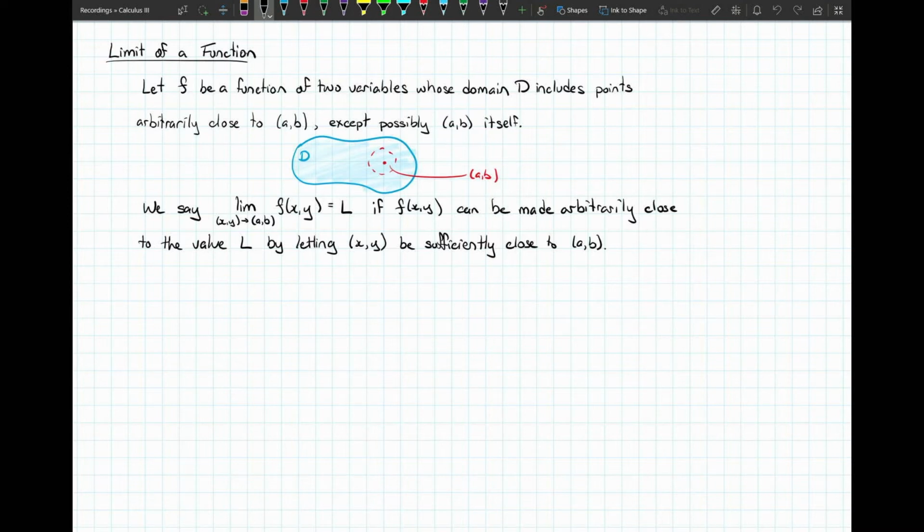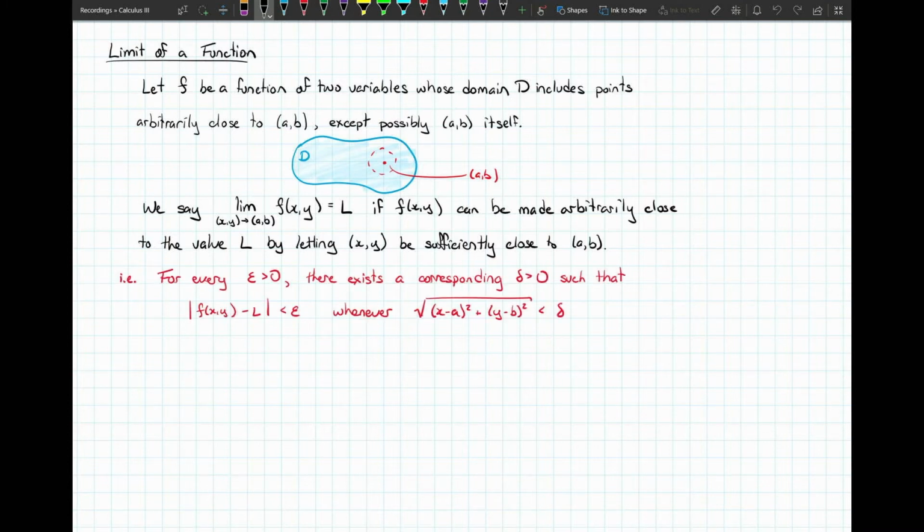Now we have a little more formal definition for basically saying the same thing. That means for every small little tolerance or error, why don't we use epsilon, that's always going to be a positive value, then there exists some small little tiny distance, we'll call that delta, and delta is also a positive number, essentially thinking about the radius of that disk, such that the error here, the difference between the function and the value L, is always going to be smaller than epsilon, so long as this distance, this radius, if you want to think of that disk, is smaller than delta.